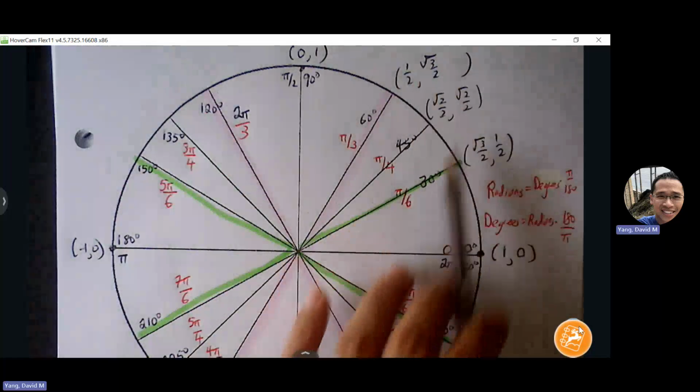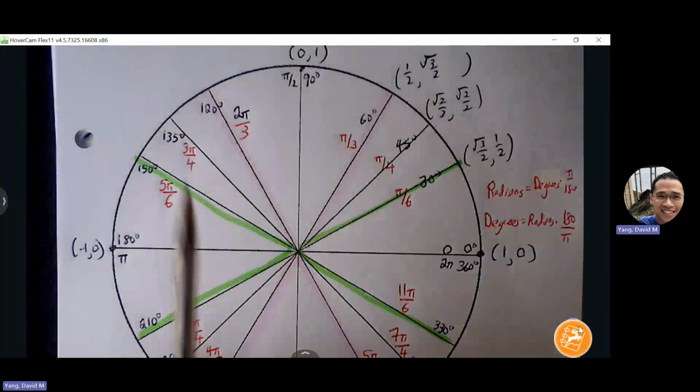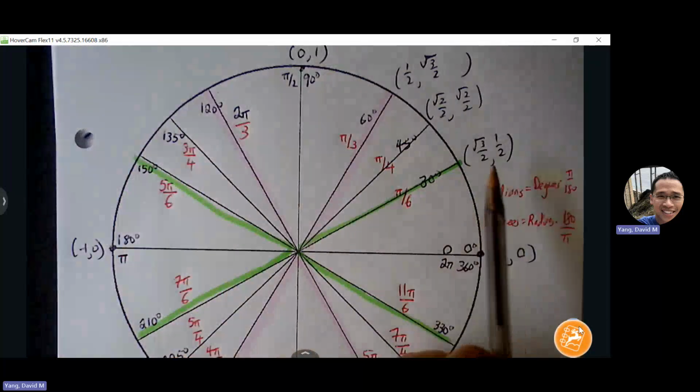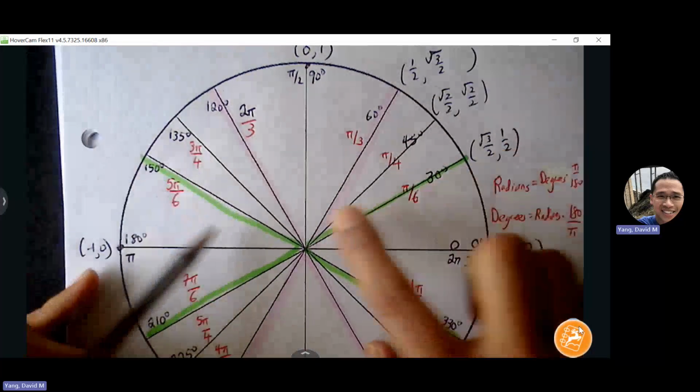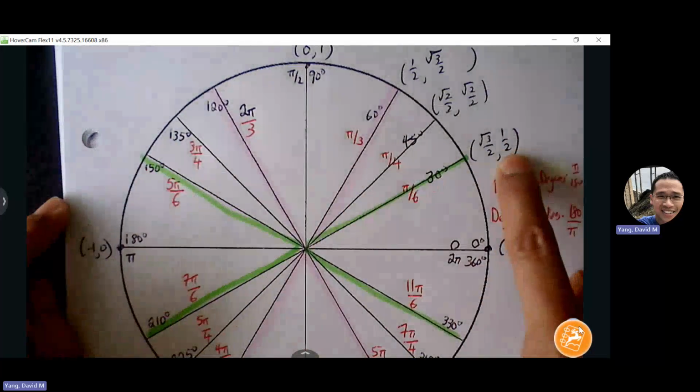The only difference is that the signs will be different in different quadrants, but all the numeric values will be the same. So we'll just copy: anything that is closest to the x-axis will have these ordered pairs.